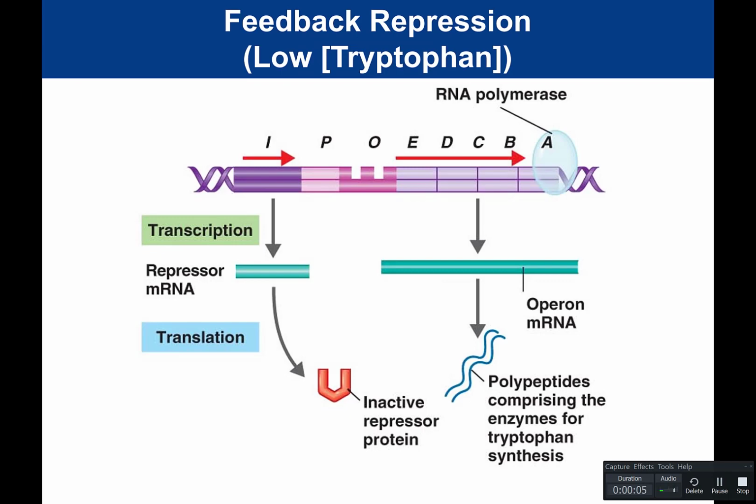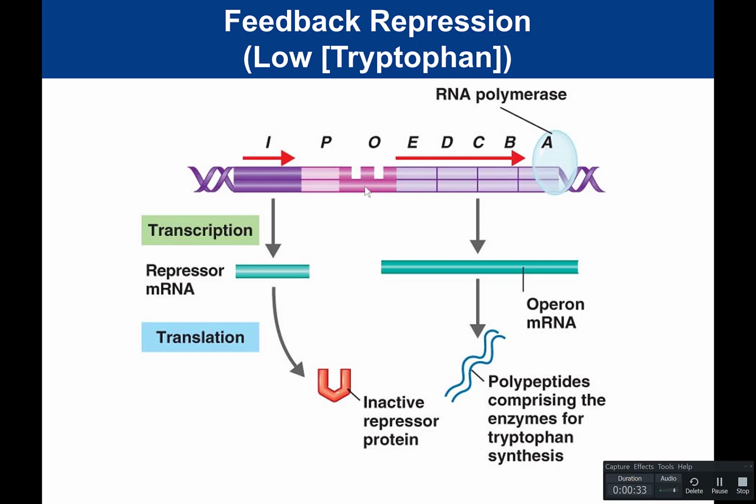So again, in this type of regulation, gene expression by default is on. So just like in the lac operon, the tryptophan operon has a regulatory gene. And this regulatory gene is constitutive. It's always produced, meaning that the cell is constantly making that repressor protein. But in this case, the repressor protein on its own is inactive.